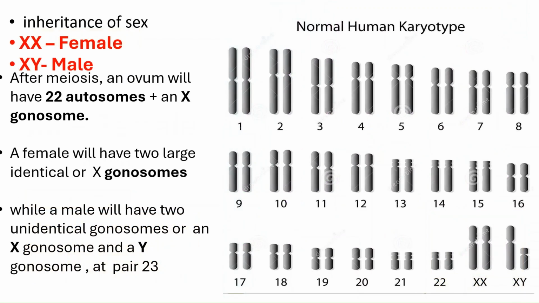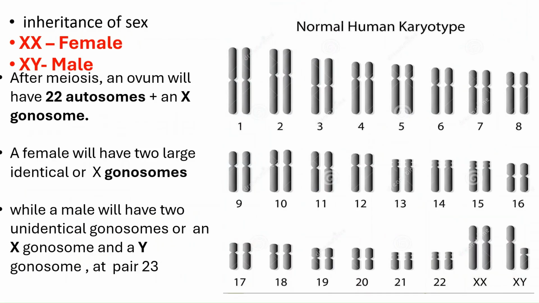Well, how do you describe in exams if somebody is a male or female by looking at chromosomes at position 23? So here is how you approach it. That is inheritance of sex. XX is for female, XY is for male. But for examination purposes, this is how you approach it.